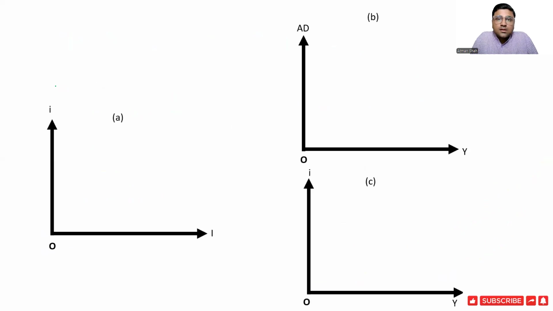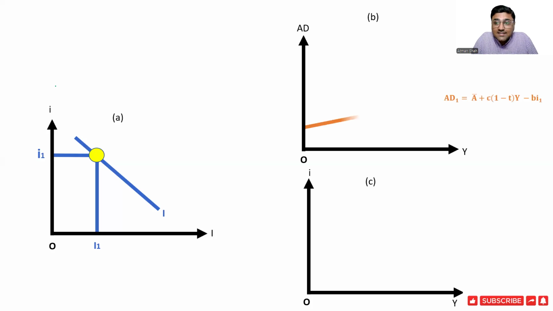Now let's understand the graphical derivation. We have three panels. Panel A shows the relationship between investment and the rate of interest. Panel B is the goods market equilibrium, and panel C shows the IS curve, or various combinations of interest rate and level of output. So I is the investment curve. When the rate of interest is i1, the level of investment is capital I1, and the associated aggregate demand is AD1.